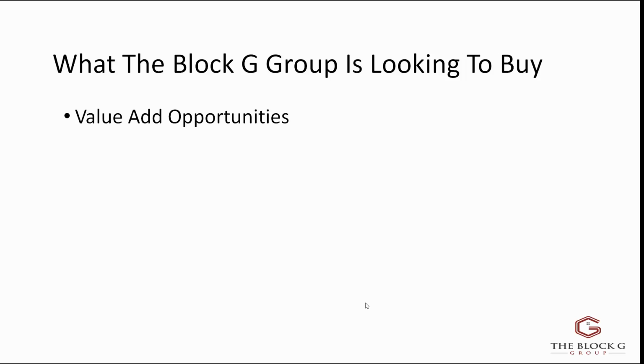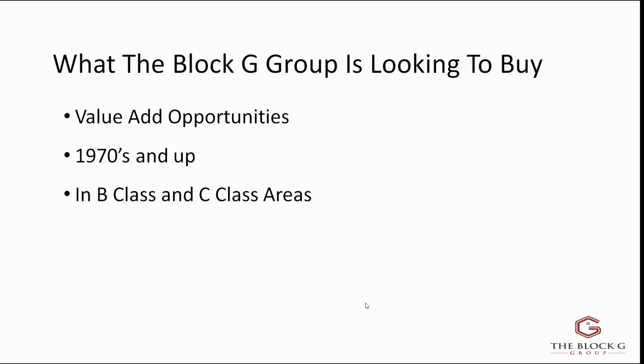Obviously, some of the things I listed in this presentation. We're looking at 1970s units and up, up until about 2010. B and C class areas of secondary and tertiary markets. Our purchase price is anywhere from $2 million to $11 million.